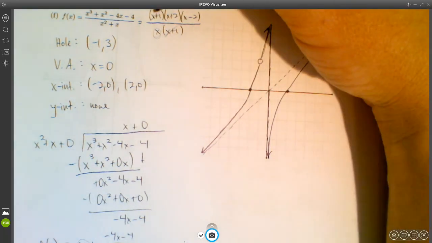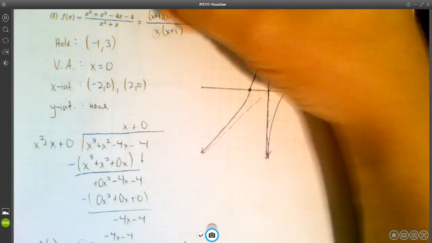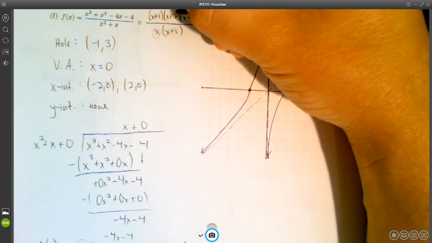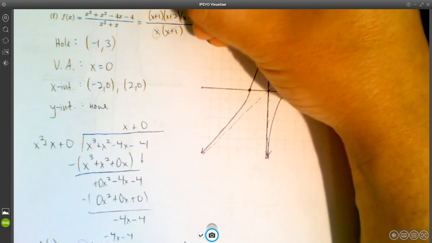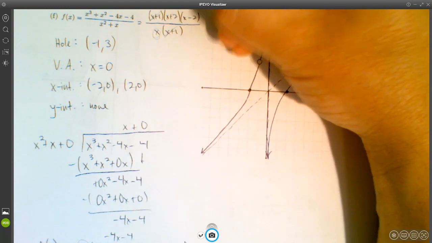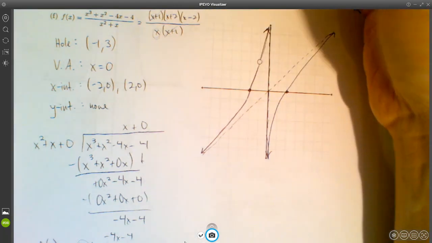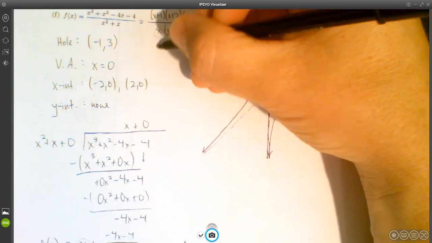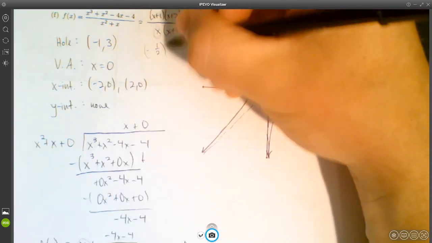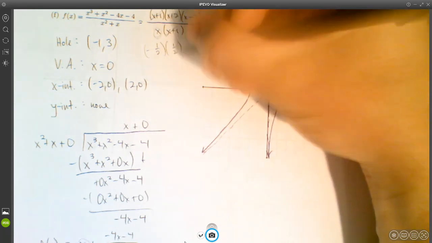If I plugged in negative 1/2, I'd have 1/2 times 3/2 times negative 5/2 in the numerator, and in the denominator I'd have negative 1/2 times 1/2.